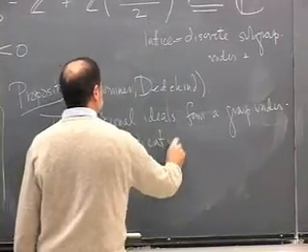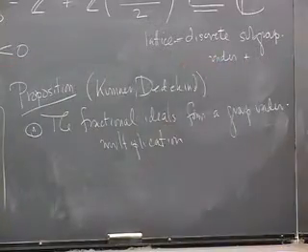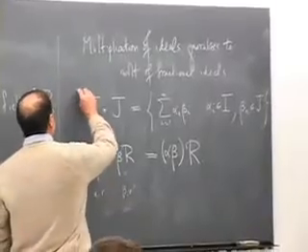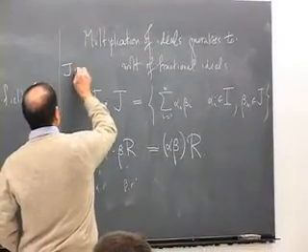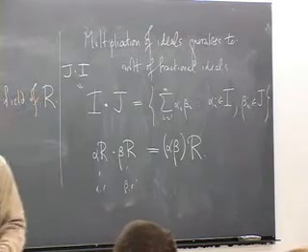So what is the content of that? Well, it's pretty clear that this is a commutative operation. I times J is the same as J times I. It's also clear, since multiplication is associative, it's an associative operation.